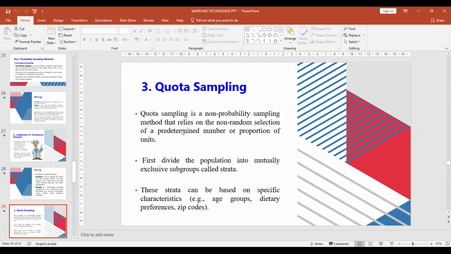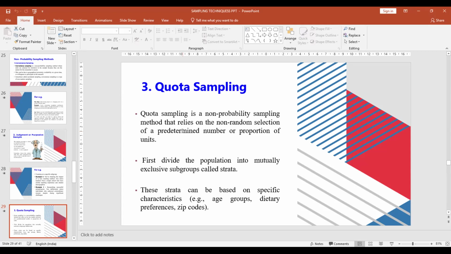The investigator tries to complete the quota assigned to them from each stratum. The investigators usually apply their judgment in the choice of the sample, and if there is non-response due to the uncooperative nature of respondents, the investigator selects some fresh units himself to complete his work. That's why we say this is quota sampling.